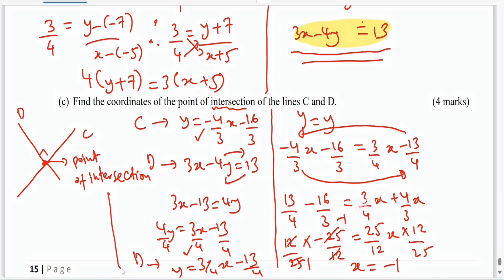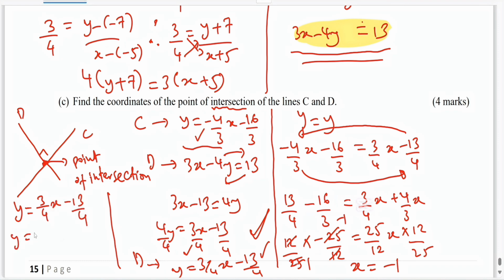Now let's find y. We can use either equation. Let's use y equals 3/4x minus 13/4.